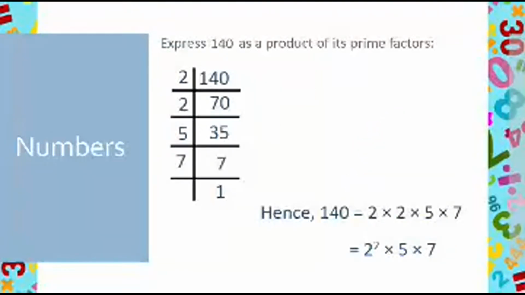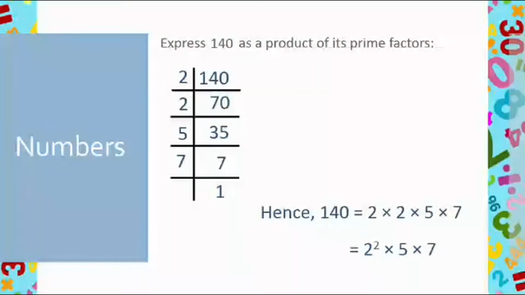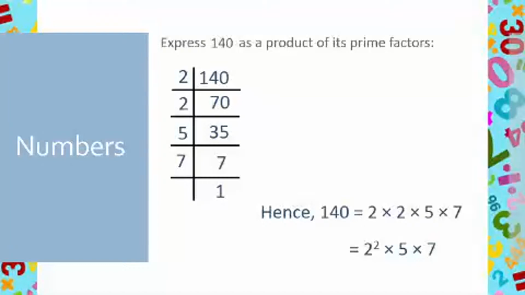Now, another type of question that could come in numbers is that they will give you a number and ask you to express it as a product of its prime factors. To do that, you first have to know your prime numbers and factorize the given number. So that is another important question.